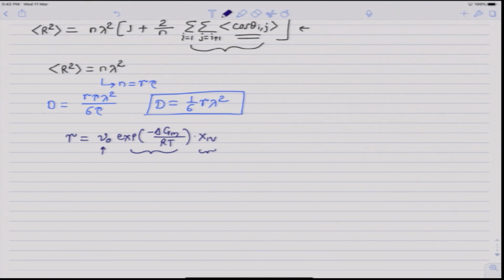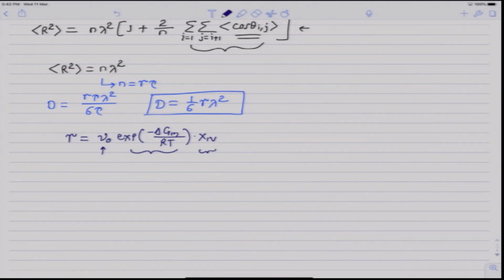So, we are assuming all the vacancies are randomly distributed in the crystal. We can write X1v as exponential delta S1v vibrational by R times exponential minus delta H1v by RT.